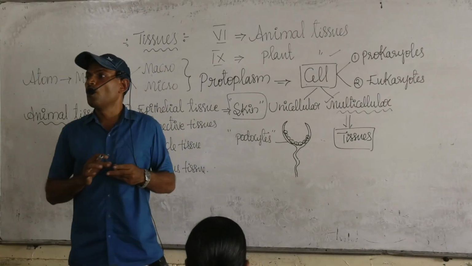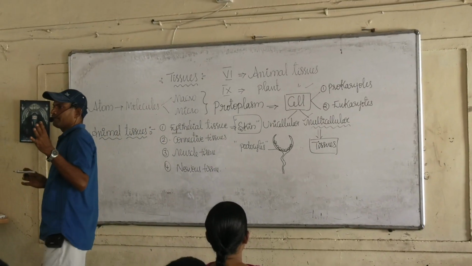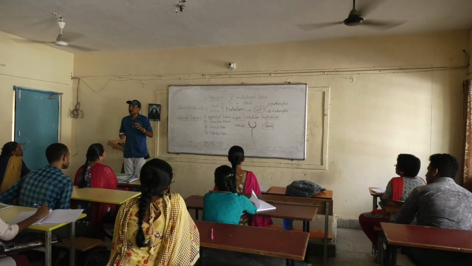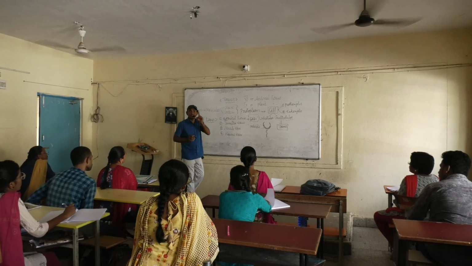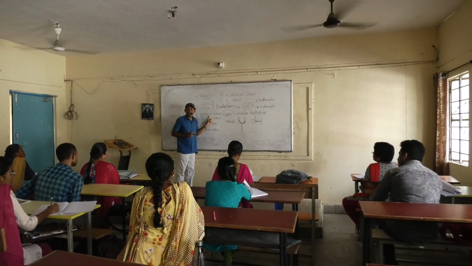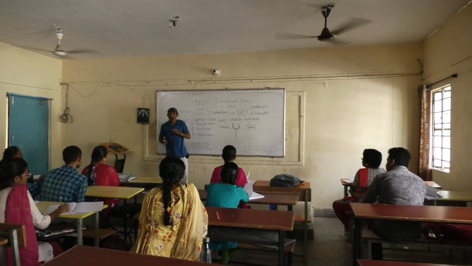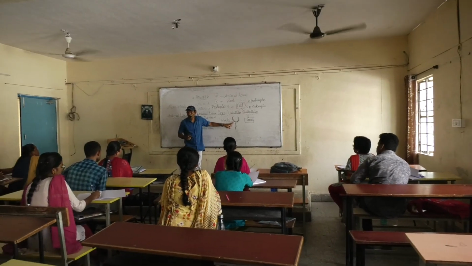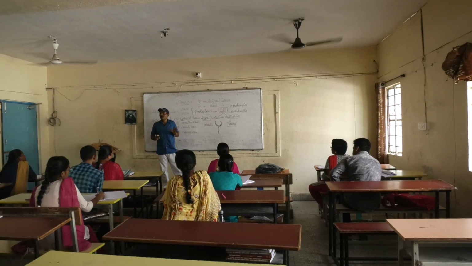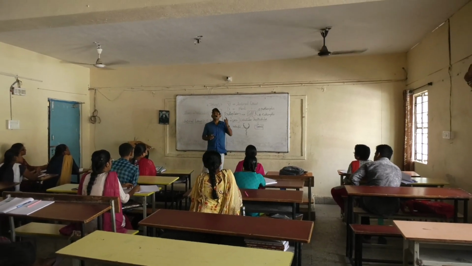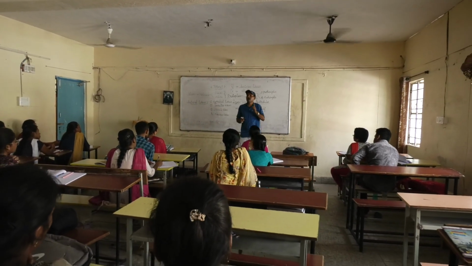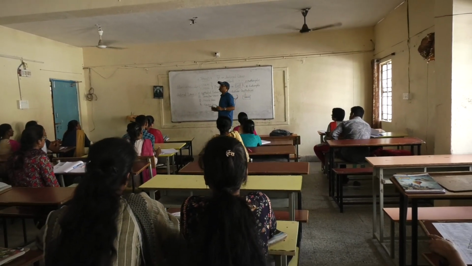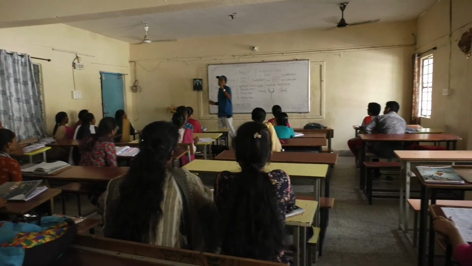Podocytes are a type of special epithelial cells present in the lower end, or inner side, of Bowman's capsule. Where is Bowman's capsule present? In the nephron. And remember, nephrons are called the structural and functional units of kidneys.